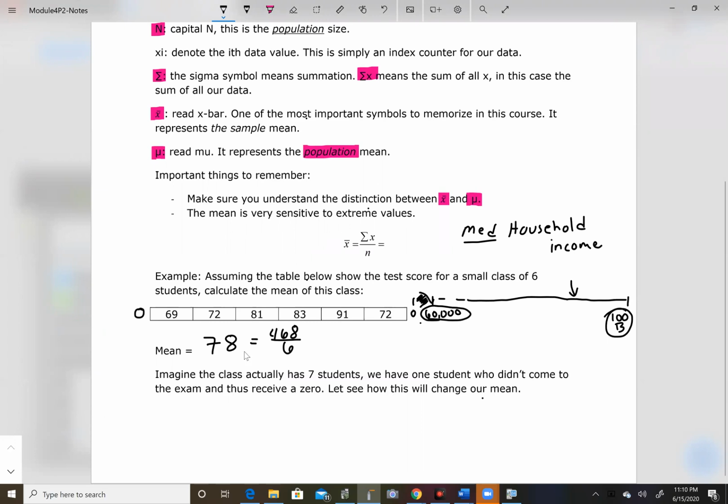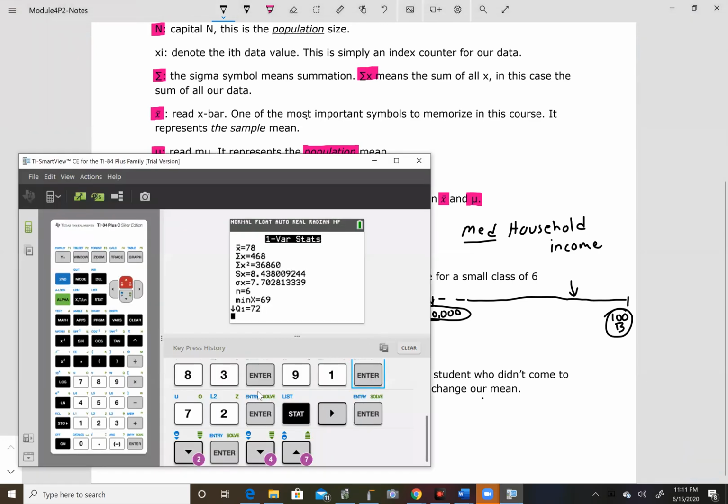What this is saying is if we add another number 0, we still get 468, but we actually have 7 students. So when we increase that denominator, it's going to decrease our overall mean. So we're going to take 468 and divide it by 7.